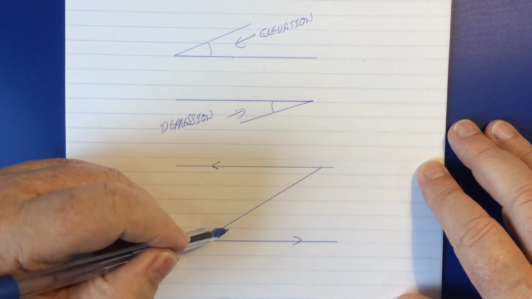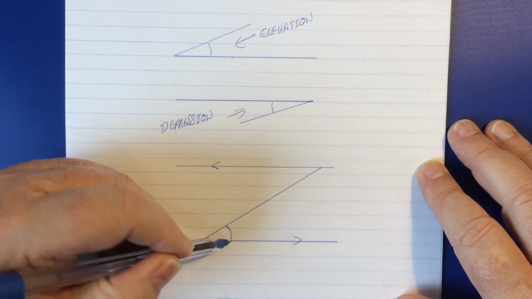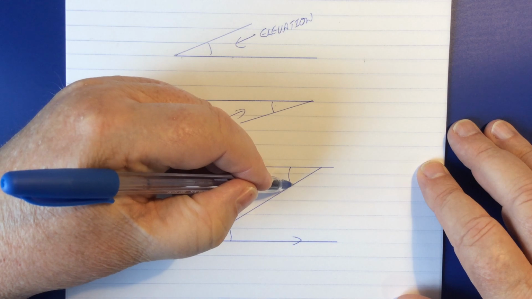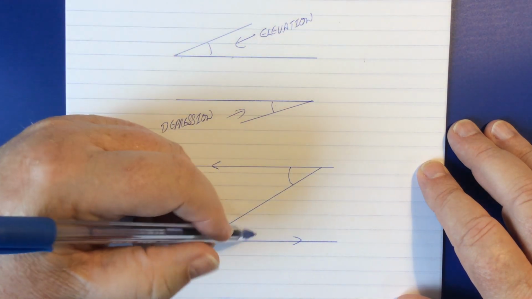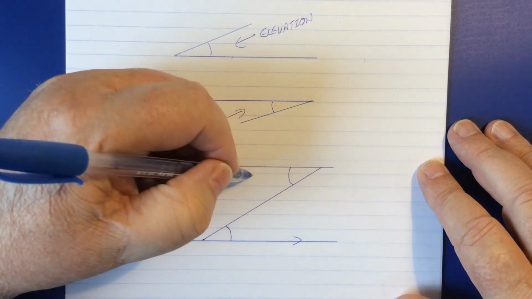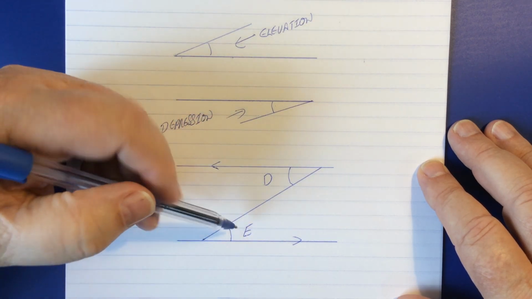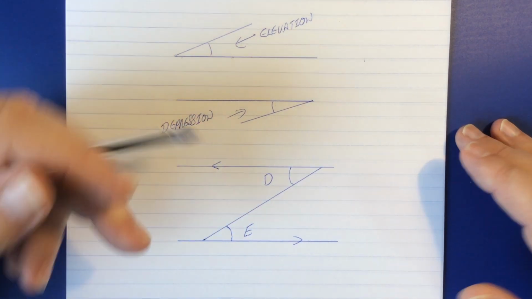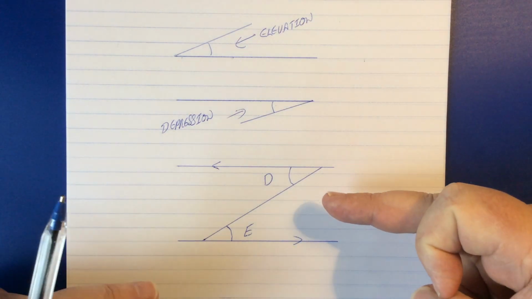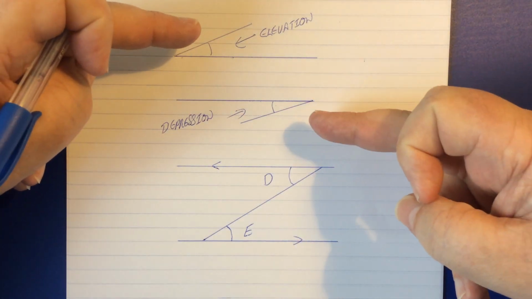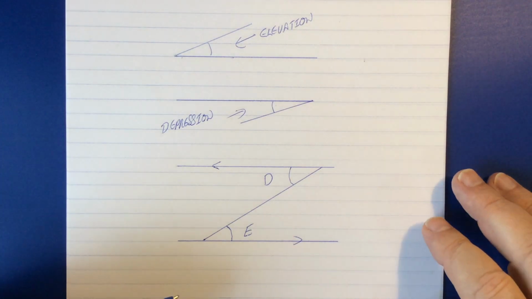Now, I'm going to draw in the angles of depression and elevation. So we'll label this depression, D, and this elevation, E. And I think you can see that basically it's just a combination of what went on here.